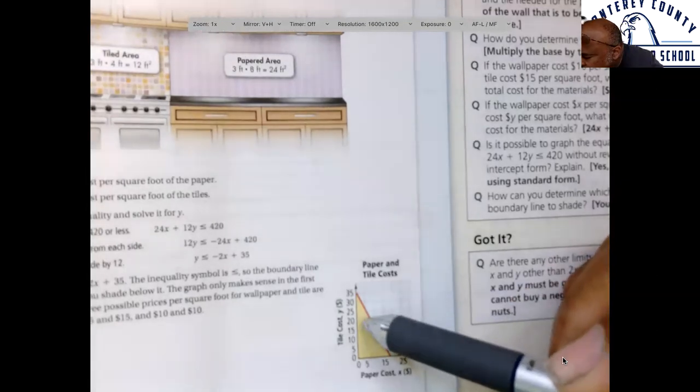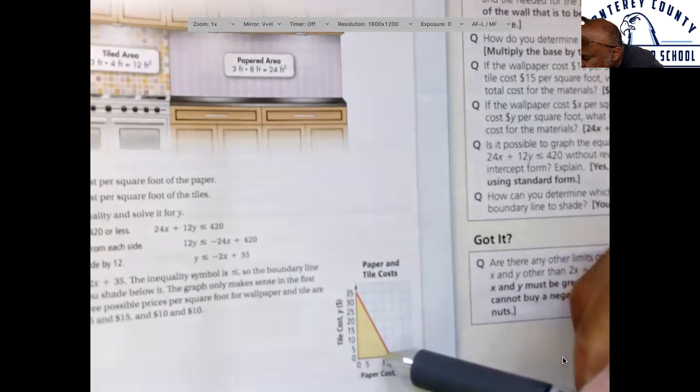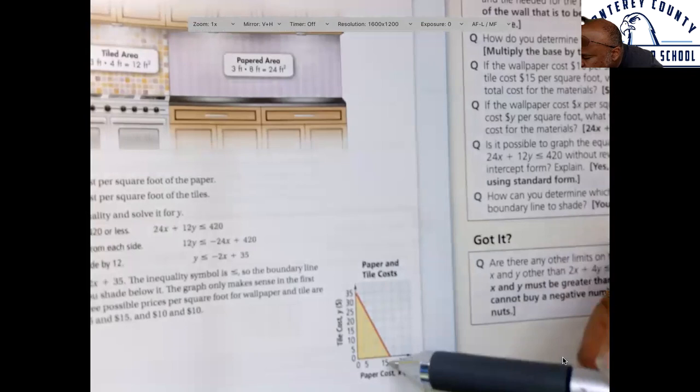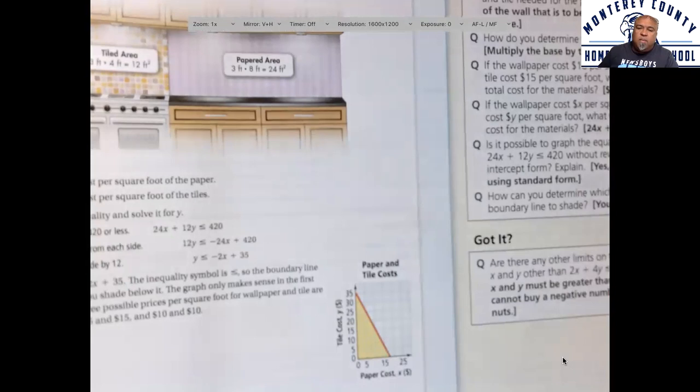But then that means that the paper cost really can't go above 5. And if I wanted to spend $15 on the paper, try not to mark in my book here, then the most I could pay for the tile would be $5. Okay, so that's what that line shows.